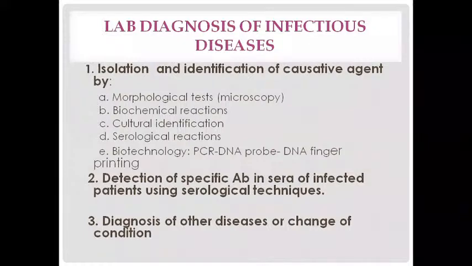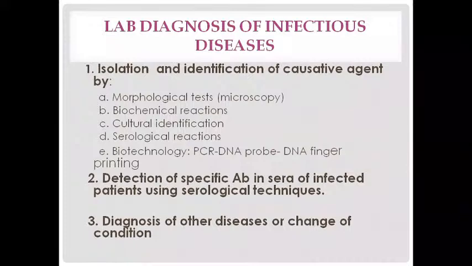Then you can also use cultural identification of these pathogens, meaning you need to culture them, and you can study the cytopathic effects, maybe by looking at the morphology, the size, and some lysing properties of these pathogens. If it is a virus, you want to look at the lysing or infection of the culture cells and so forth. And this is done in a tissue culture laboratory.